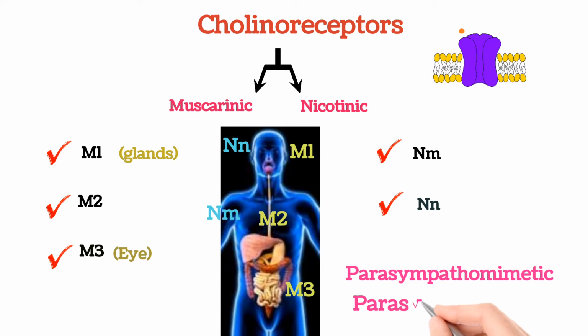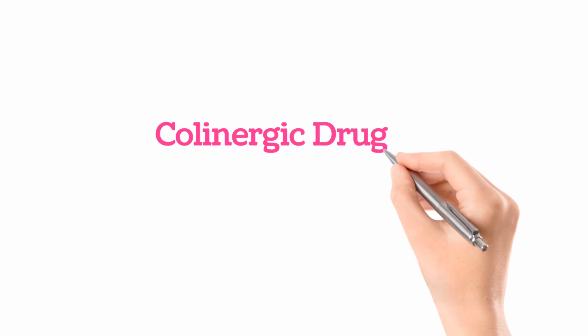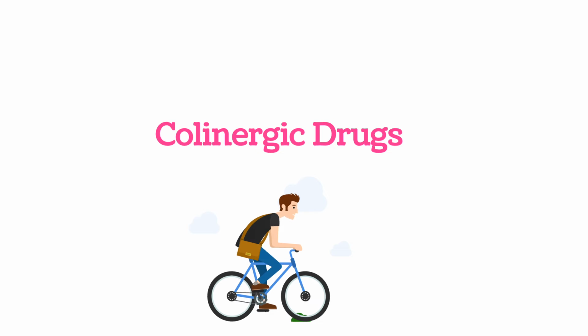Whatever effects we get which are totally opposite to those of acetylcholine come under parasympatholytic action. Okay, so we have discussed synthesis, storage and receptors. Now let us understand the cholinergic drugs, which act like acetylcholine, that is, with parasympathomimetic action. So we have to go through the classification.